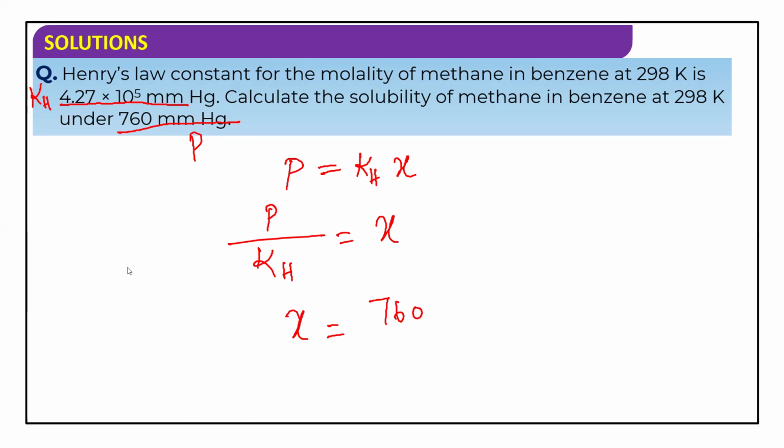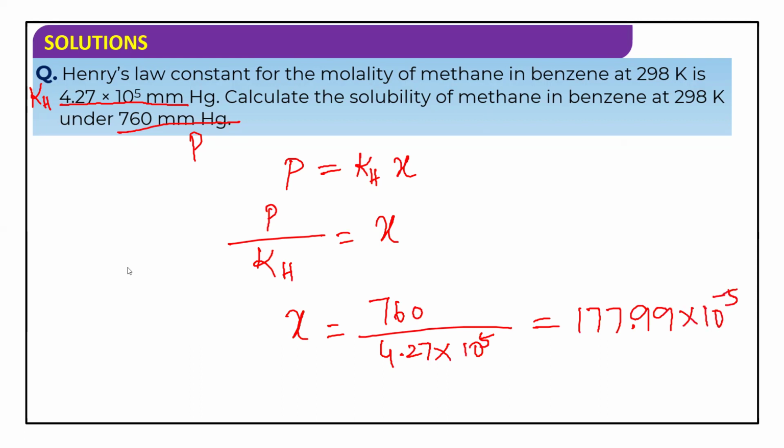It is 760 mm mercury divided by 4.27 into 10 to the power 5. So it will be equal to 177.99 into 10 to the power minus 5. This is the mole fraction of methane in benzene. X is nothing but the mole fraction of methane in benzene, which is nothing but the solubility.